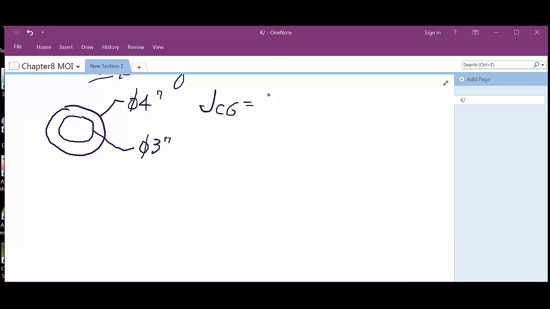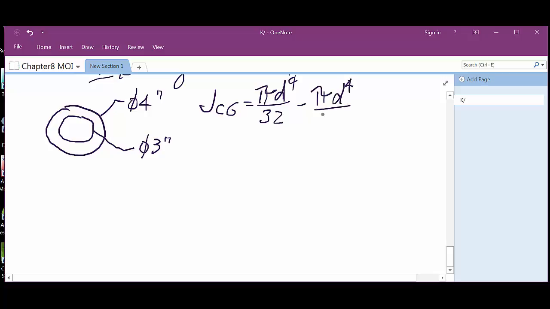So if you look at the polar moment of inertia for a circular piece, it's pi times the diameter cubed divided by 32, right? For one particular circular feature. So it would be pi times the diameter cubed divided by 32 for the 4-inch piece minus pi times the diameter cubed divided by 32 for the 3-inch piece, right?